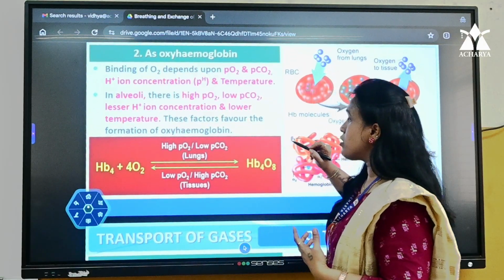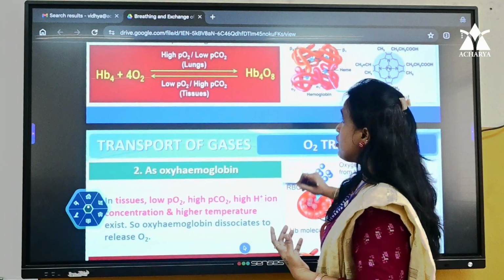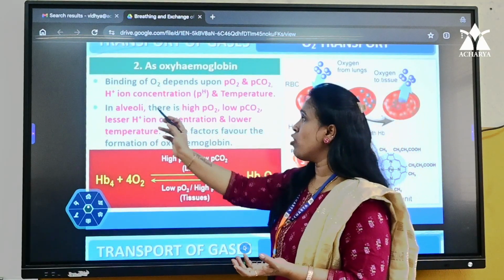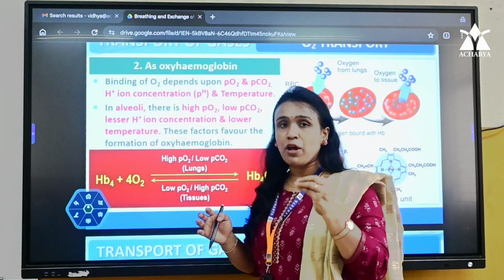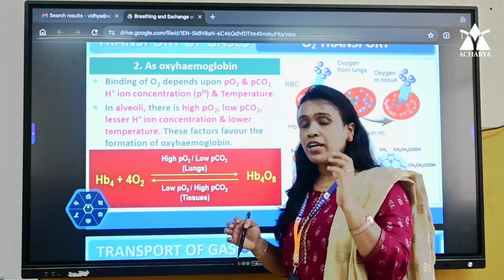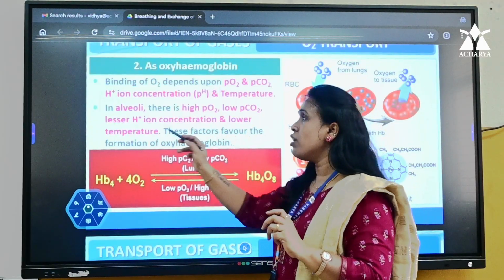So the next one is oxyhemoglobin, as we discussed here. If we read out here, in the alveoli there is high PO2 and low CO2. Whenever there is less carbon dioxide, you should understand that there is lower H plus ion concentration and lower temperature.